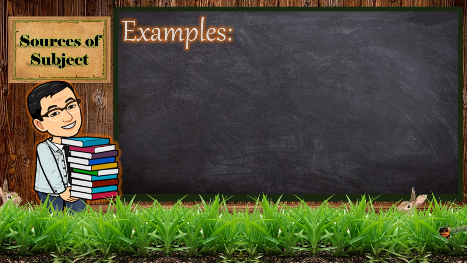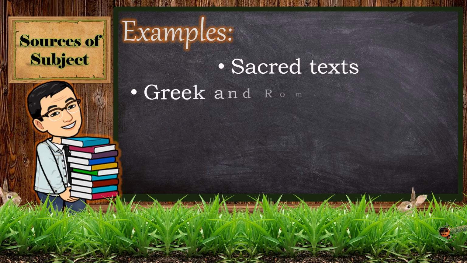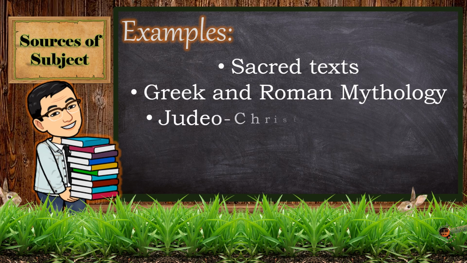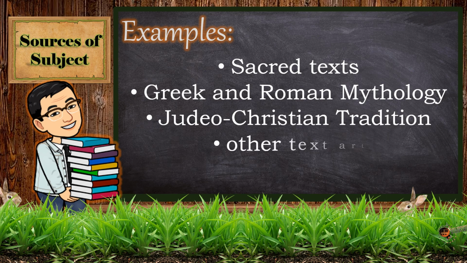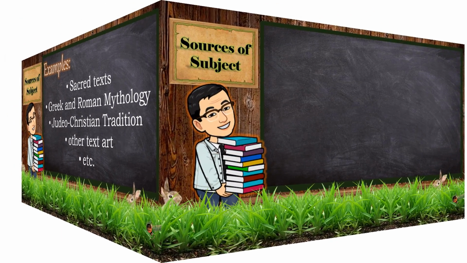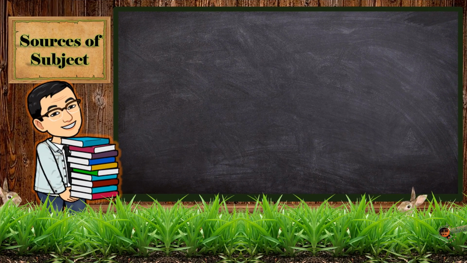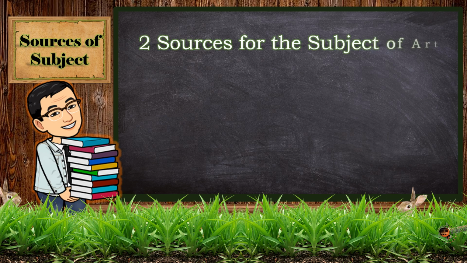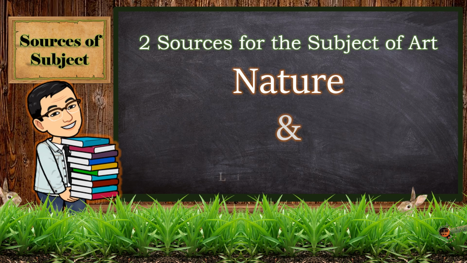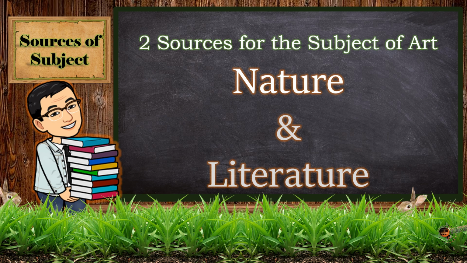Examples of literature: sacred text, Greek and Roman mythology, Judeo-Christian tradition, other text art, etc. Thus, there are only two sources for the subject: art, nature, the cosmos or the universe, and literature. Other sub-sources are the mediums of art, and other technological artifacts.